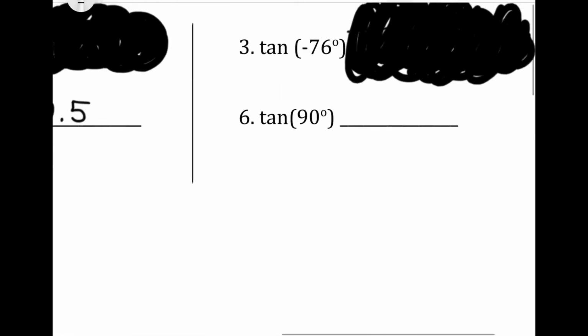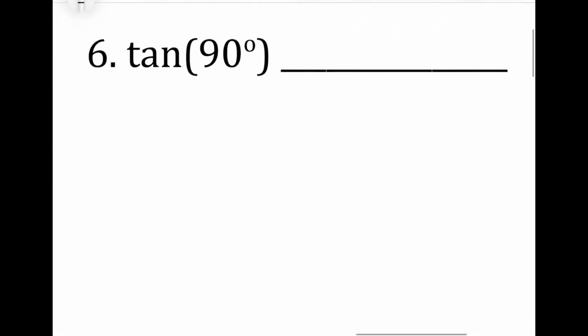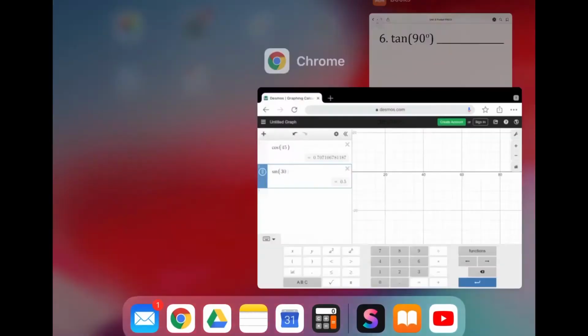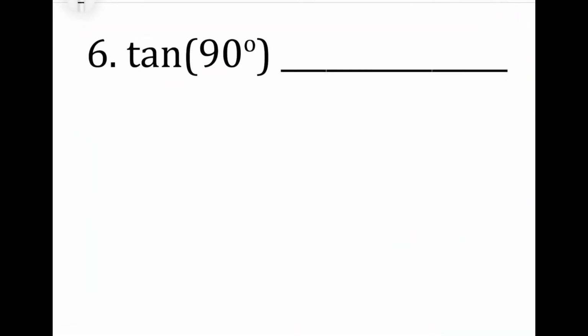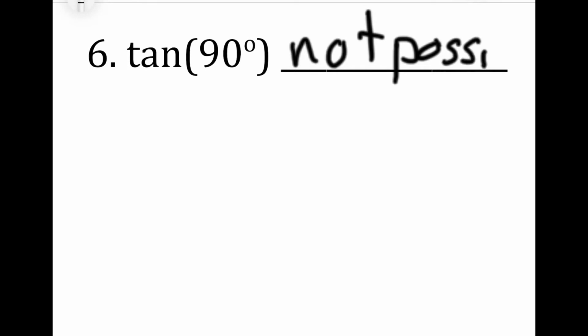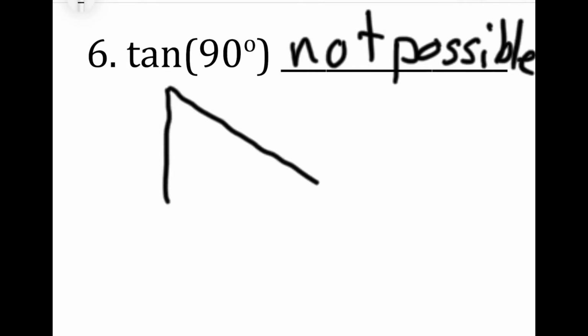Now, 6 is the trick. If you put tangent of 90 into the calculator, tan of 90, it says undefined. So you can simply put undefined or not possible. The reason why it is not possible is due to tangent of 90.